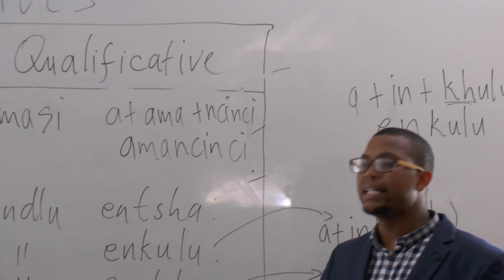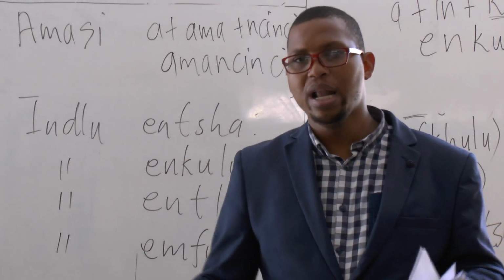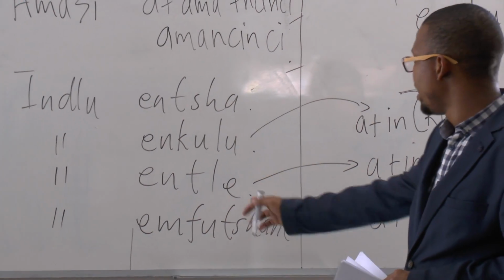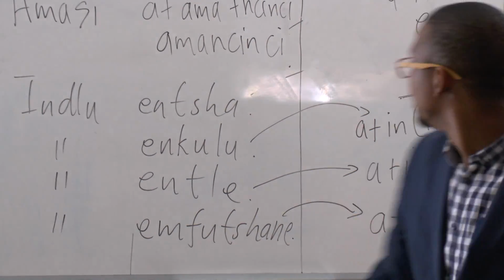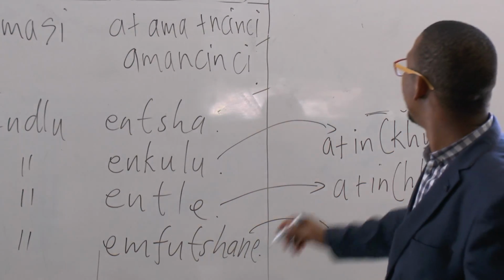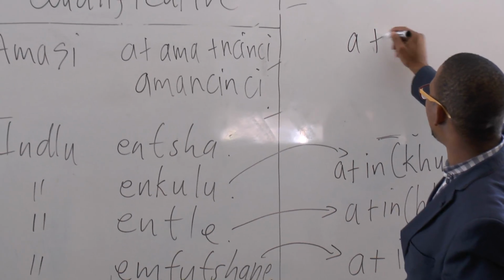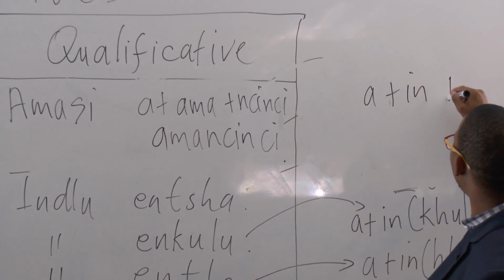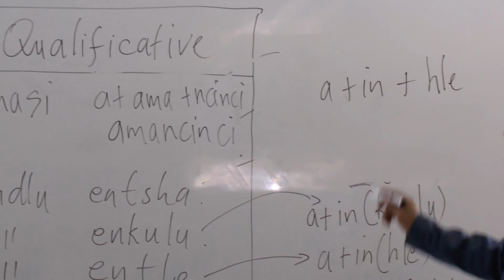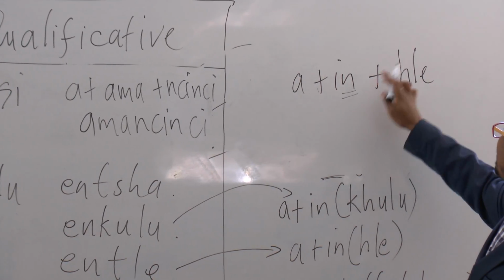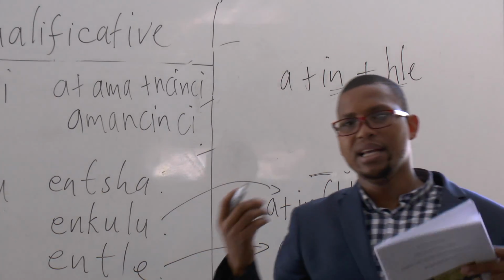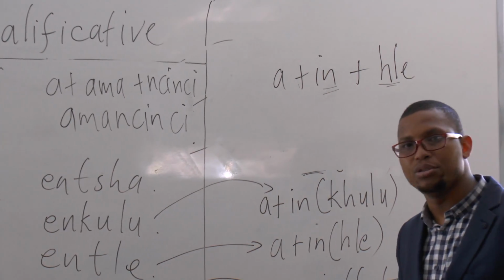Indlu entle, a beautiful house. Then in this case, we've got our affirmative A followed by the prefix followed by hle. And then our nasal N comes in front of HL. We can't really pronounce that in Xhosa. We can't say indlu enhle like what we'll do in Zulu.